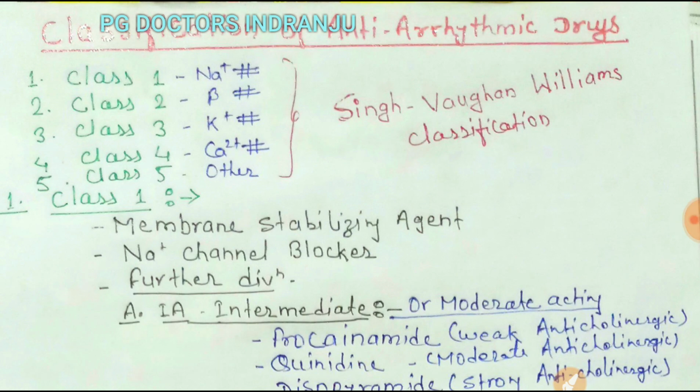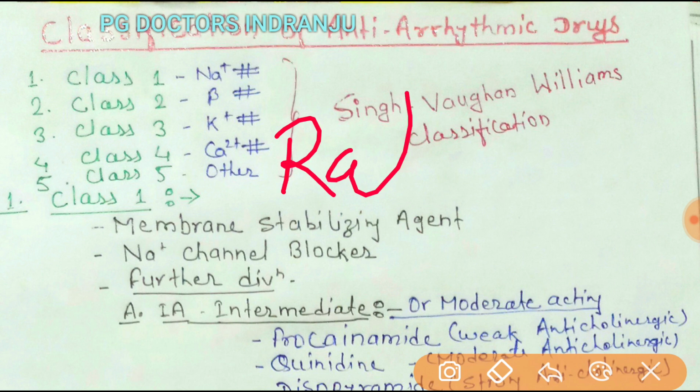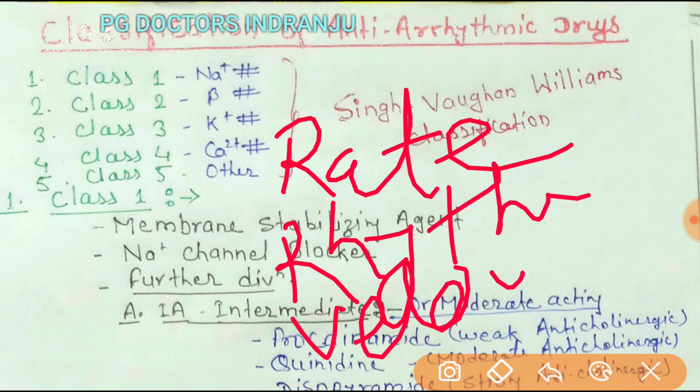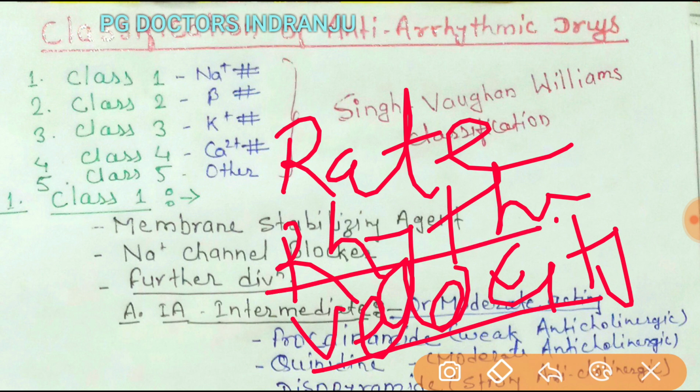Arrhythmia is called when the rhythm and velocity of conduction of the impulse are altered.